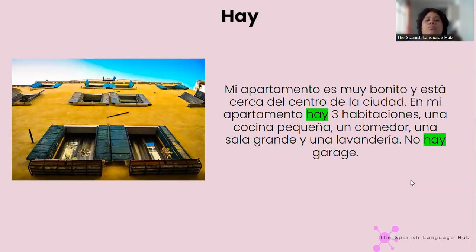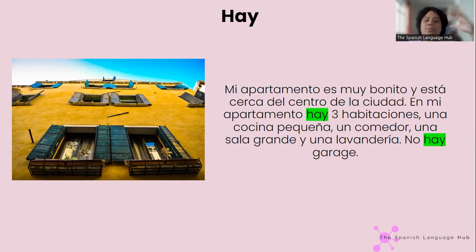Más ejemplos, more examples. Mi apartamento es muy bonito y está cerca del centro de la ciudad. En mi apartamento hay 3 habitaciones, una cocina pequeña, un comedor y una sala grande y una lavandería. No hay garaje.